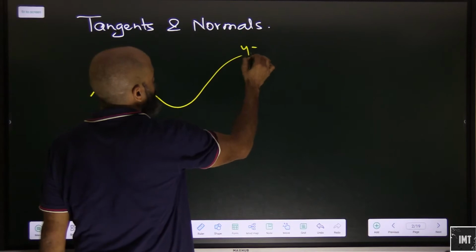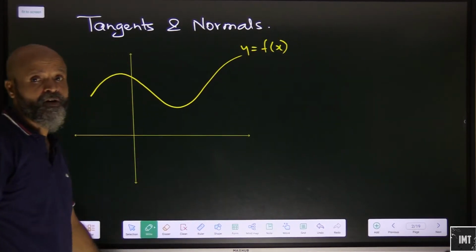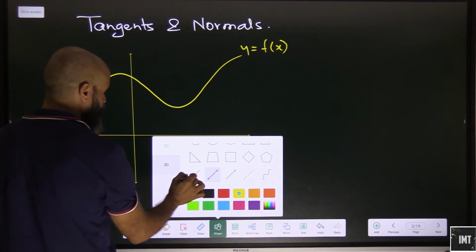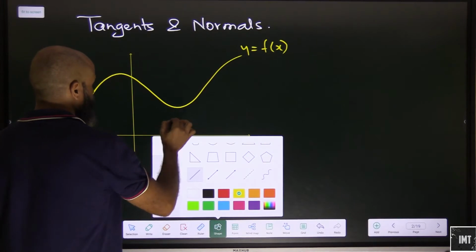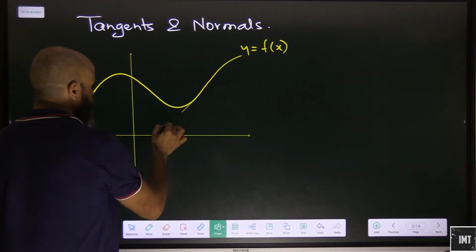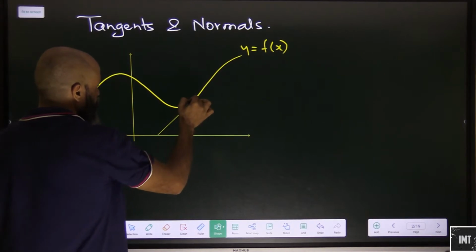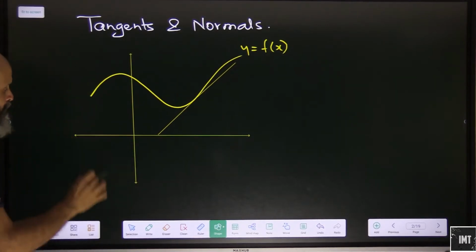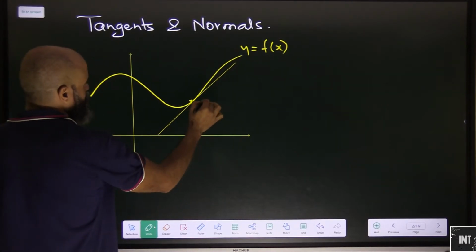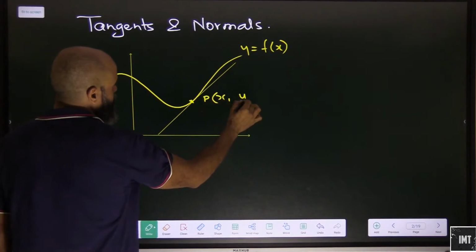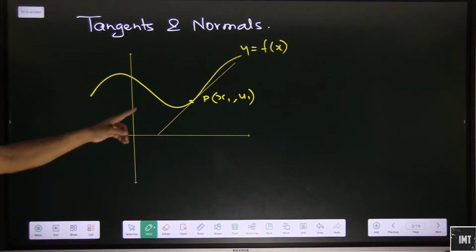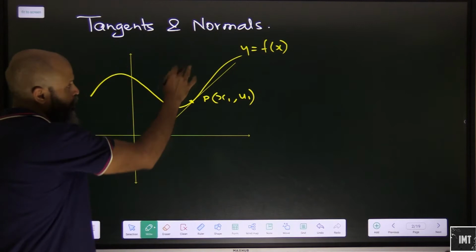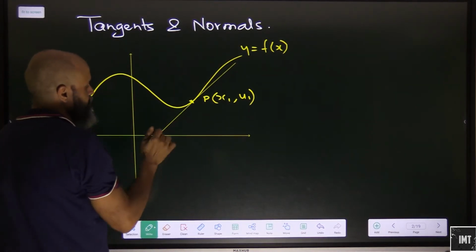So let's say we have a graph which is represented as a function of x, and let's say at a particular point we are drawing a tangent. So let's select this point and draw a tangent out here. If I extend this line, this is the tangent at a point. Let's say I name this point as point P, and it has coordinates x1, y1. This tangent is going to change at every point. So for all the points that we have on this curve, the tangent is going to change.